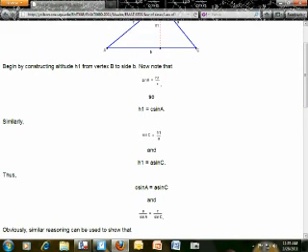So what do we know about these two things? They're equal. So they set them equal to each other.